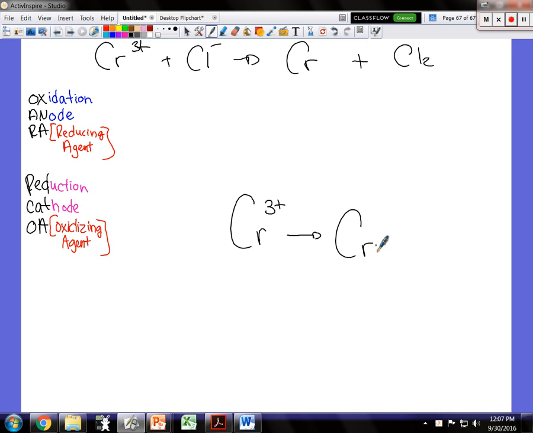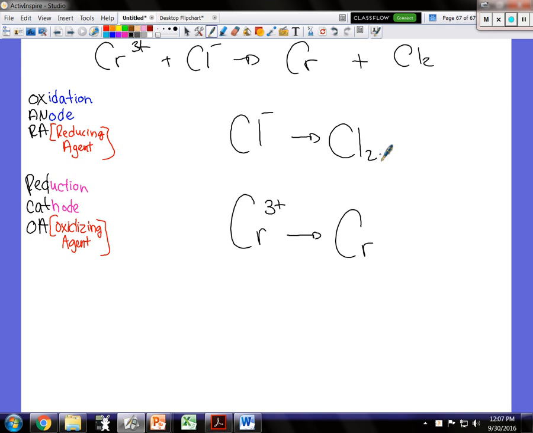But by the time you get to the end of doing all these in electrochem, they're actually kind of fun. They challenge you, but they're kind of fun to do. It's like a puzzle. All right? Now, what is the oxidation half? Chlorine going to Cl2.